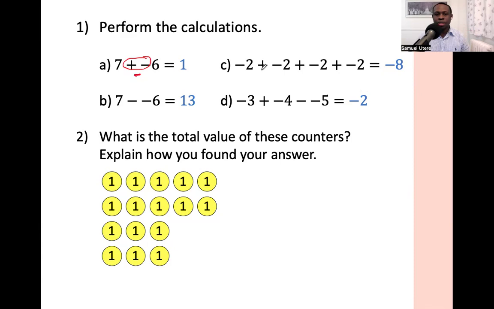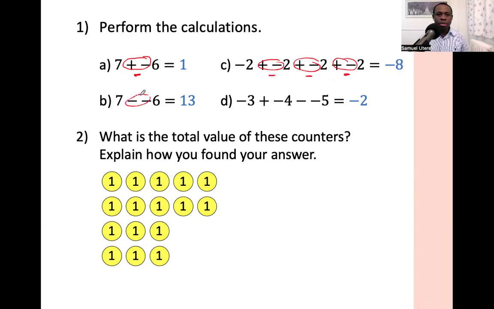So 7 minus 6 is 1. These two are negatives. These two, these two. So it is like saying negative 2 subtract 2, which is negative 4, subtract 2, which is negative 6, subtract another 2, which is negative 8.